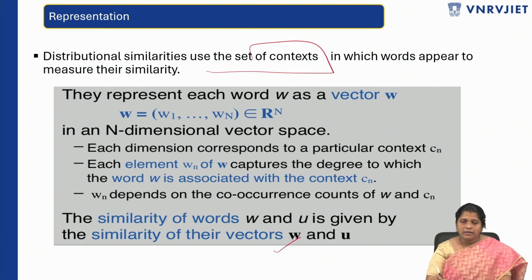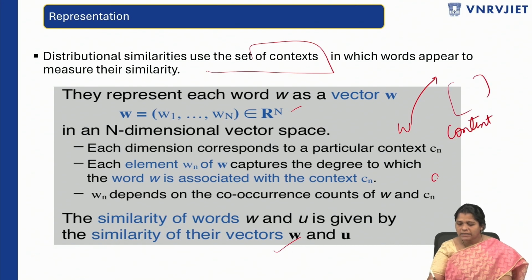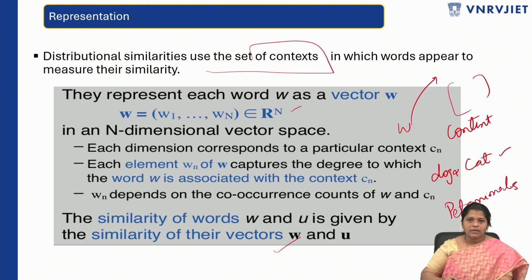Yes, so each word W in vector form is represented as W1, W2 and so on, which belongs to an n-dimensional vector space, and each element captures the degree to which that particular word is associated with some other context. In this example, dog and cat were associated with a similar context space as pet animals.